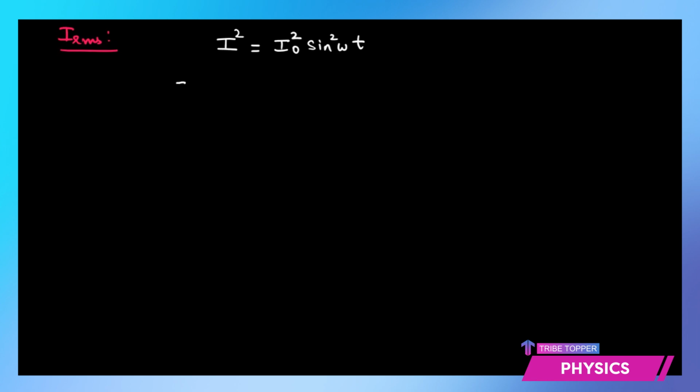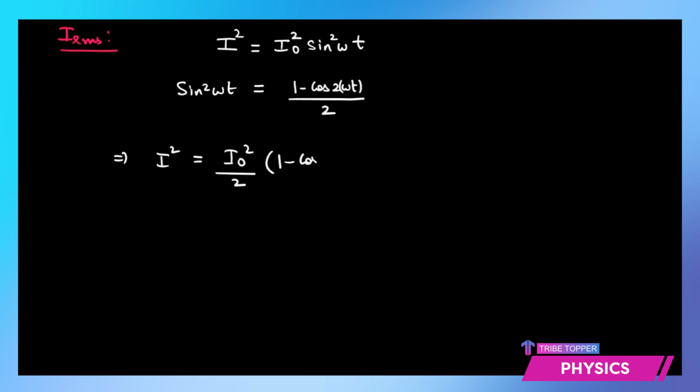Now sine square omega t, by trigonometric identity, can be written as 1 minus cos of 2 omega t by 2. So I'll substitute this value here. That gives me I square is equal to I naught square upon 2 into 1 minus cos of 2 omega t. So I squared the current and found this.